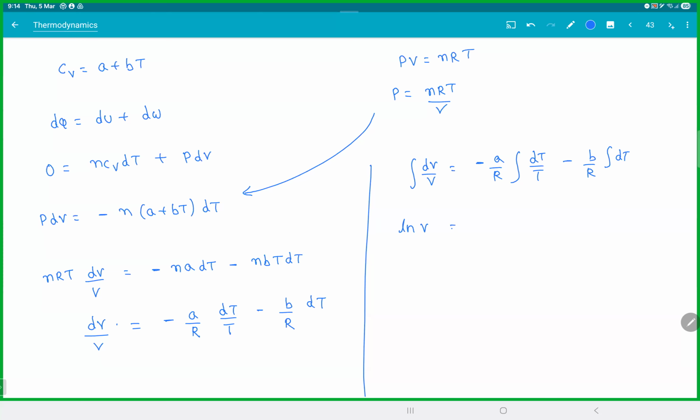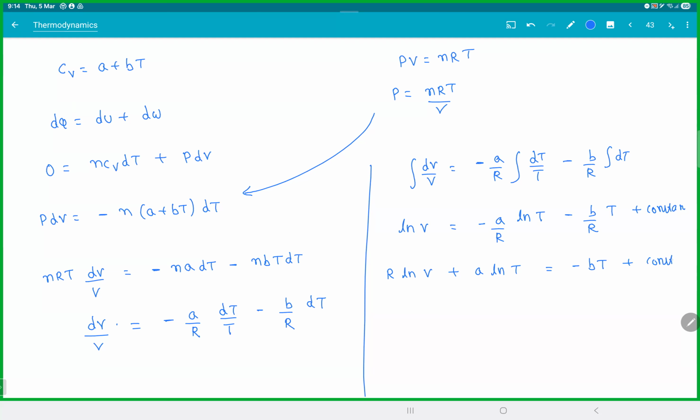This would be ln V equals minus A by R ln T minus B by R T plus constant. Send that R to that side: R ln V plus A ln T is equal to minus BT plus constant.